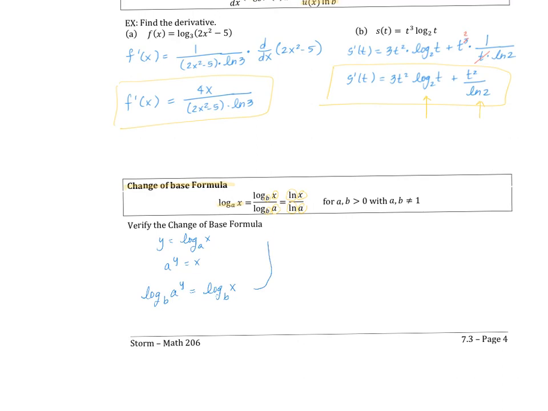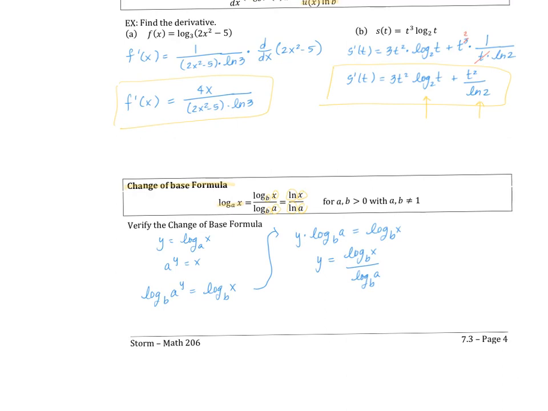All right. And then I'm going to try to solve for y. So on the left-hand side, using the properties of logs, I can bring that y out into the front. So it's going to be y times log base b of a, which is equal to log base b of x. And now all I have to do is divide both sides by log base b of a to get log base b of x over log base b of a.